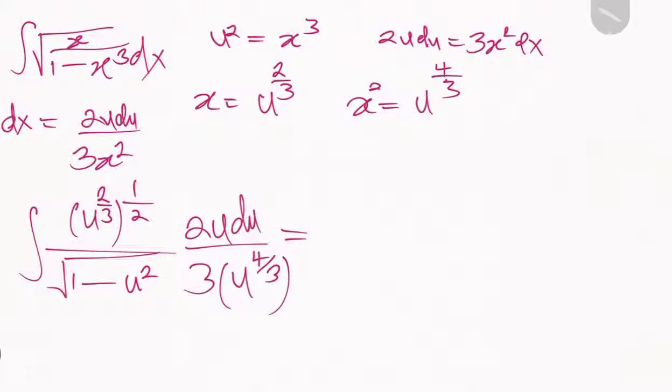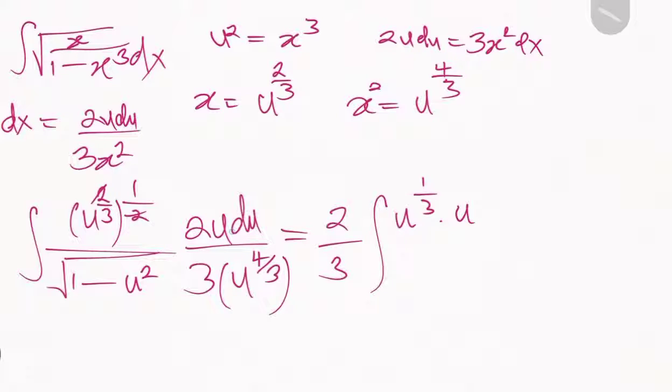Now we can factor out this 2/3 outside the integration sign. So we now have the integral, of course this 2 cancels out with this 2, so we just have u to the power of 1/3 times u. Of course the 2/3 is outside now.